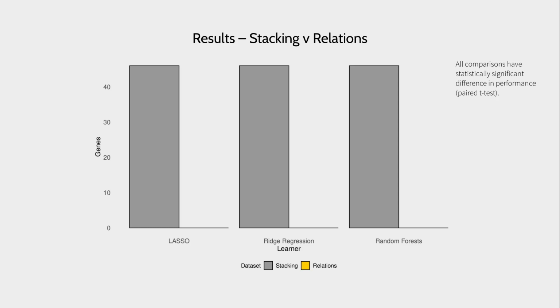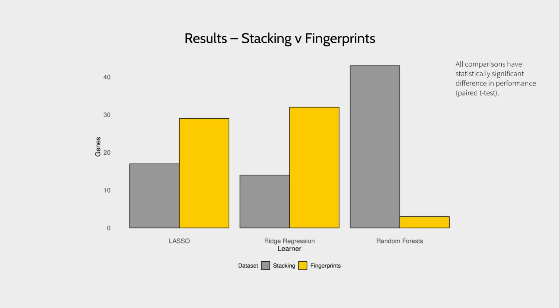And we found that this stacking procedure outperformed the relation dataset on all 3 learners. And it's all statistically significant as well. So for all 46 genes that we considered, the stacking approach outperformed the relations approach.